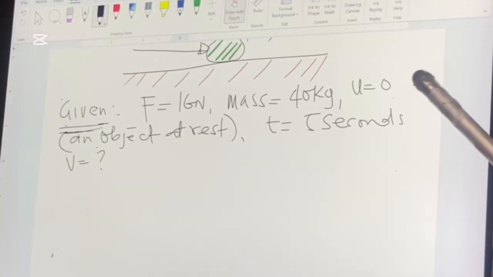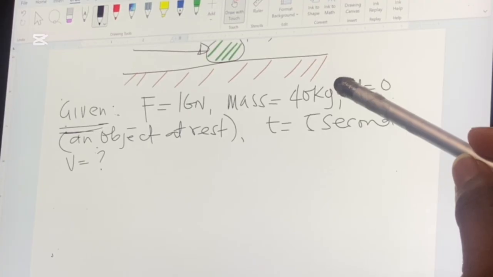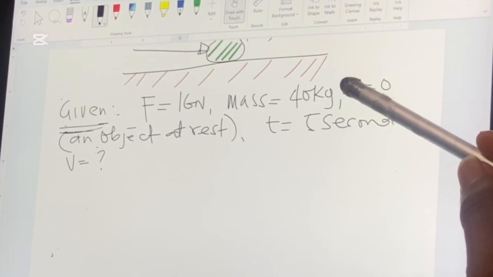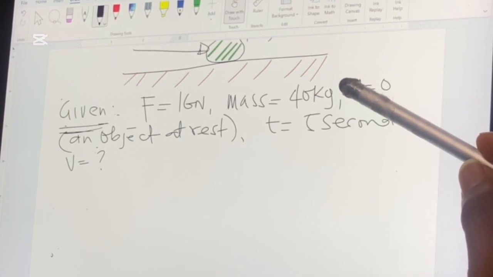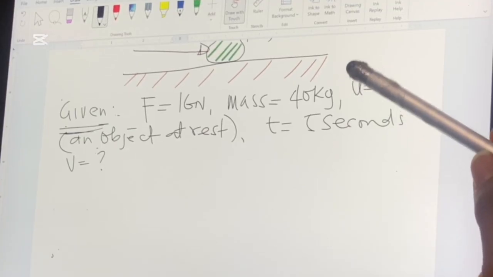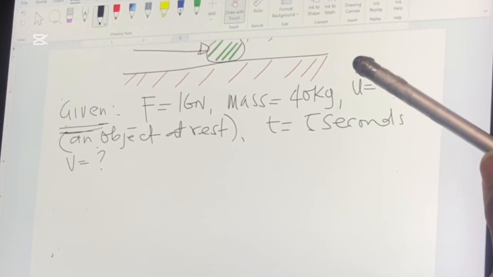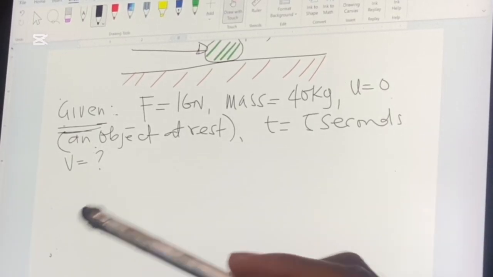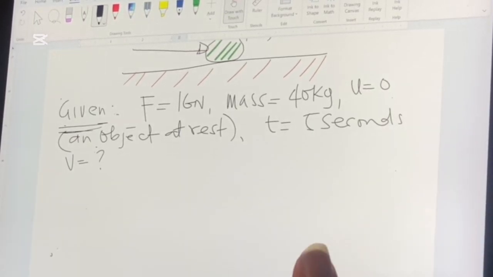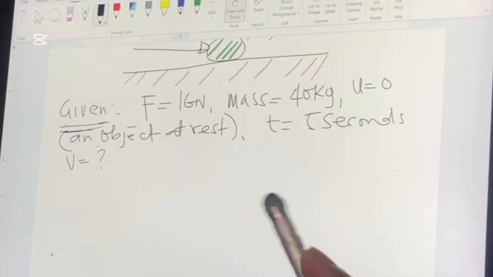So from these given parameters, which of the related formulas in Newton's second law am I going to use? Is it the first one, or the second one, or the third one? Let me write them down.